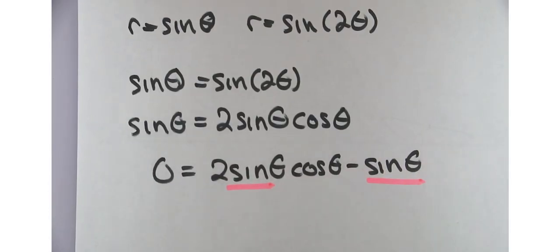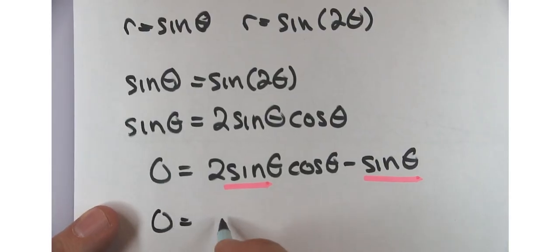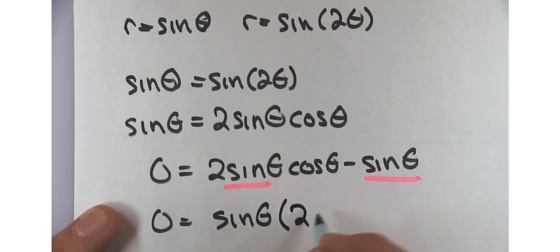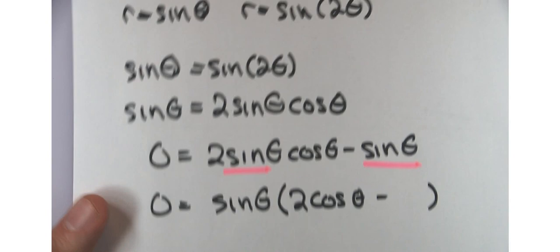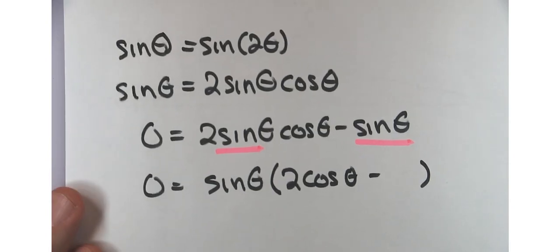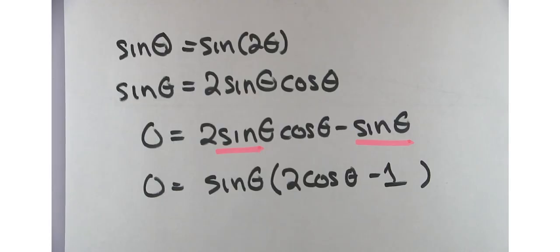I'm going to factor that out. I'm turning this deliberately into a product, so I have sine of theta times 2 cosine of theta minus 1. And this is what I wanted. I wanted to know, where does that actually equal 0?